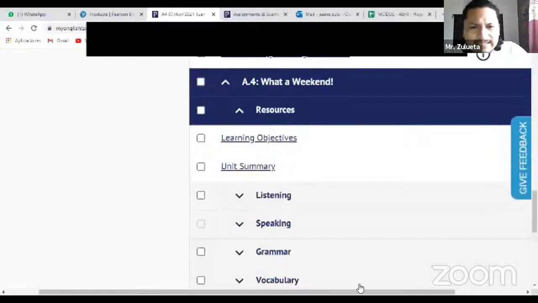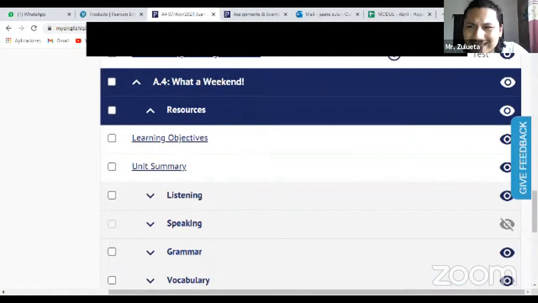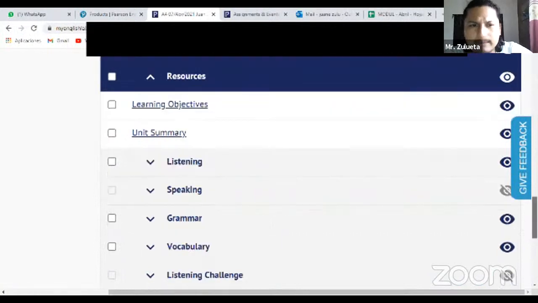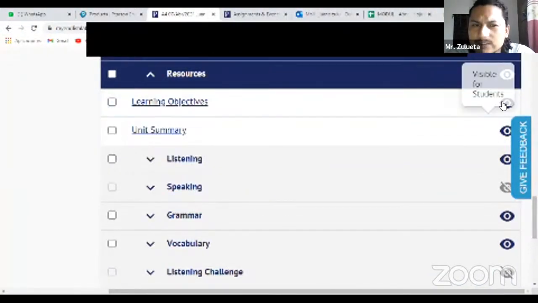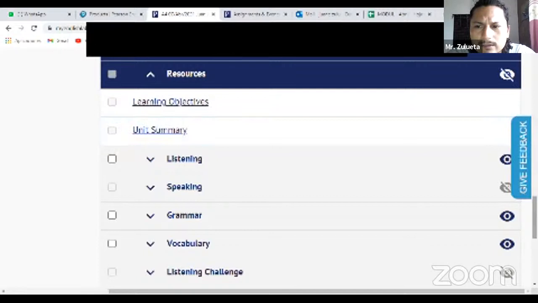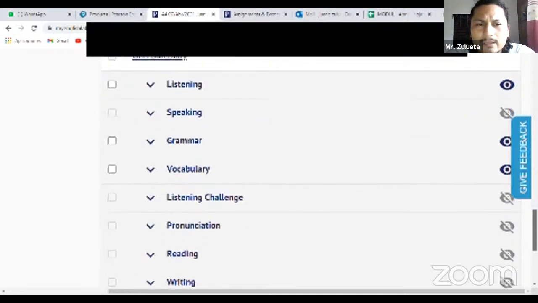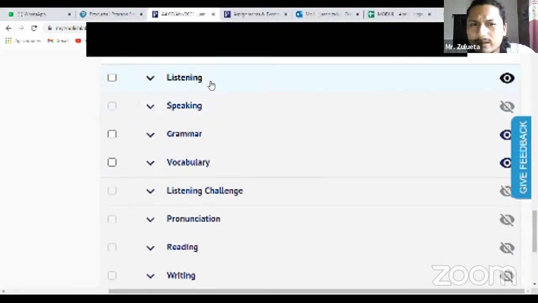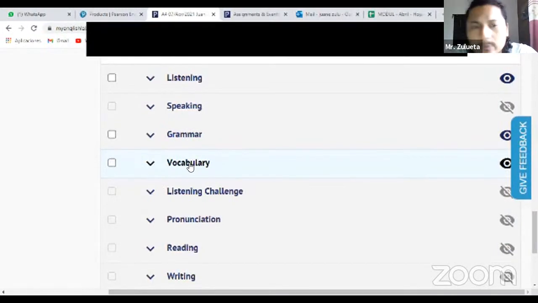Okay, with that being said, let's begin today's unit. I either start with a listening activity or vocabulary. We already know what type of vocabulary we are going to go over.